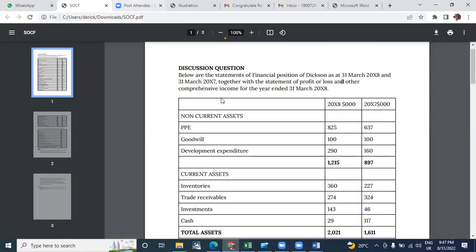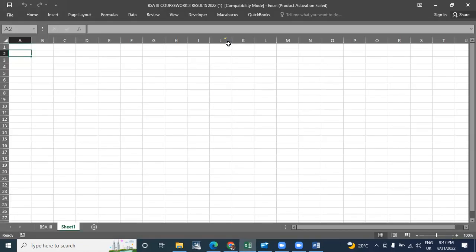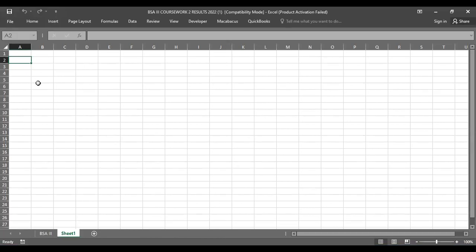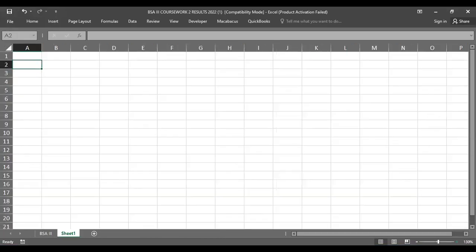Okay, so with cash flows, I will just give you a brief on what they really look out for. Cash flows are basically inflows and outflows.